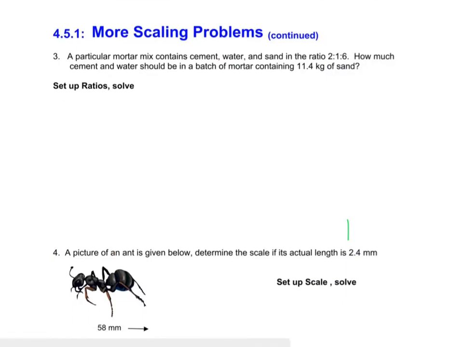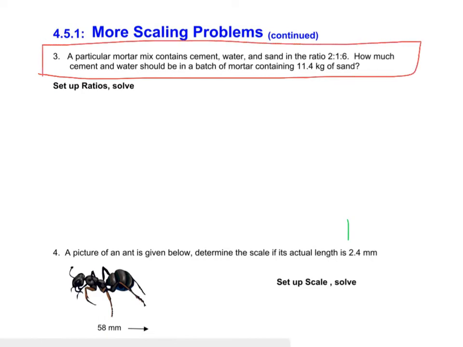So let's look at page 12 and let's look at this challenging problem right here. This one has to do with scaling. It says a particular mortar mix contains cement, water, and sand in this ratio, 2:1:6. So it's 2 parts cement, 1 part water, and sand is 6.